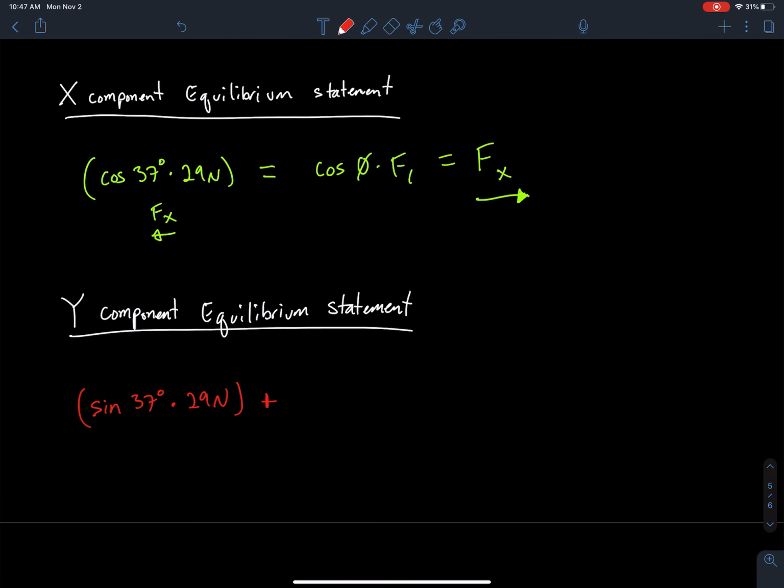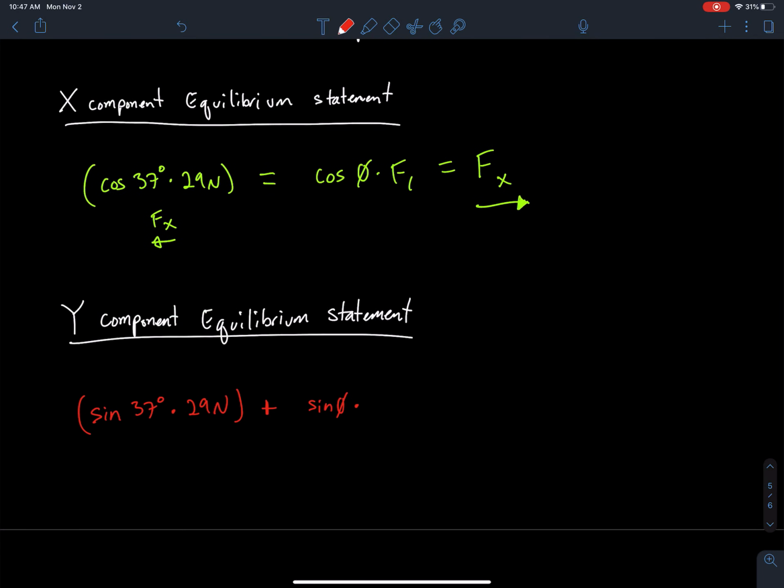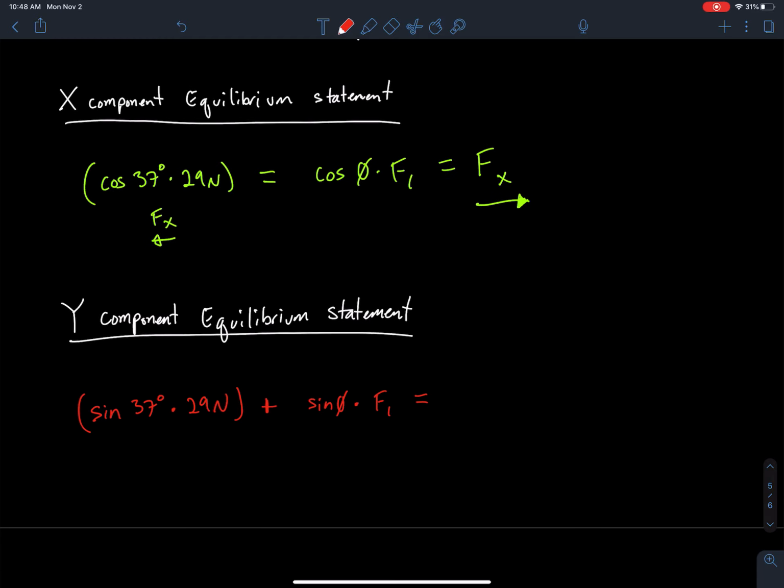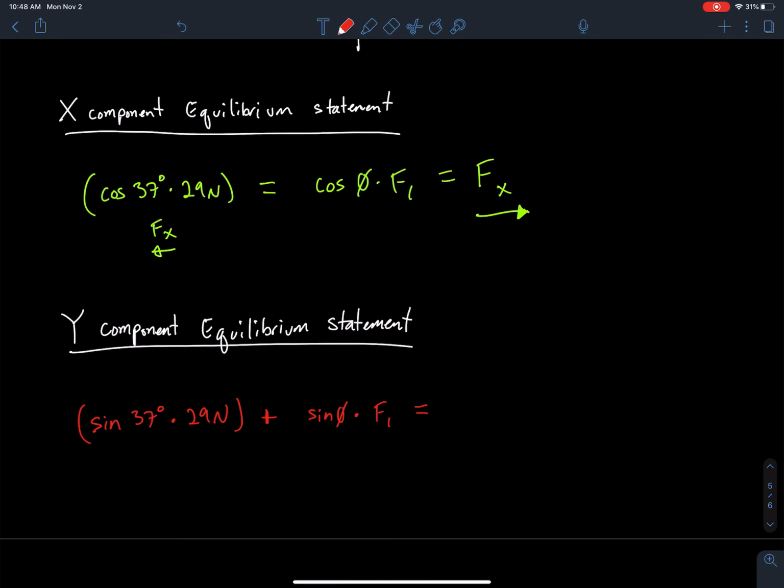So for my vertical component, we have sine of 37 degrees times 29 newtons plus sine of theta times F1 is going to be equal to 22 newtons.